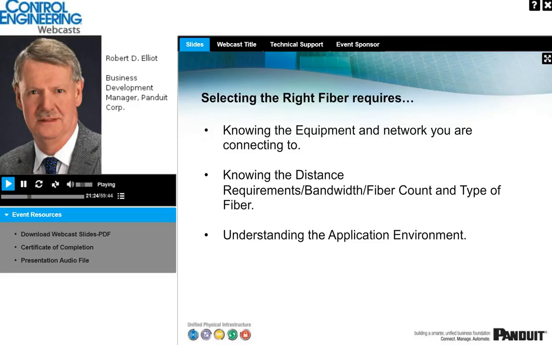So selecting the right fiber requires several things. First of all, obviously you need to know the equipment and the kind of network that you're connecting to. You need to understand the distance, what type of fiber can be used for that distance. You need to know the requirements for bandwidth, the fiber count, and then finally the type of fiber.